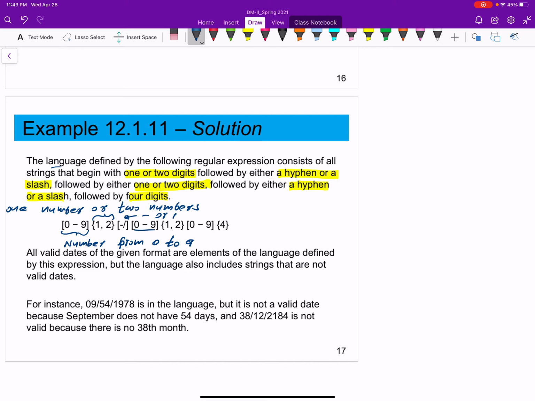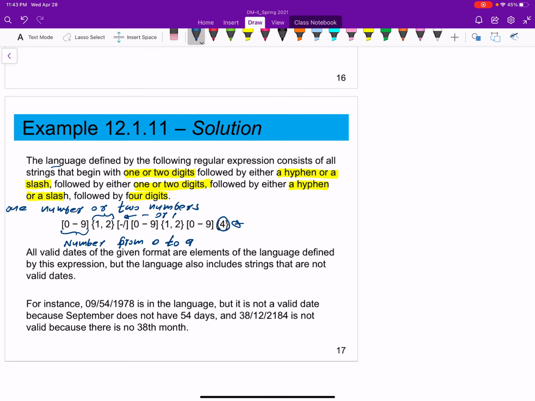And again, a number between 0 and 9, and one or two places are filled, and then 0 to 9 numbers, and then four places are filled. The meaning of that is four numbers.